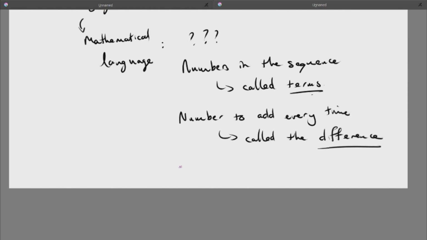So there are three aspects of the sequence. The terms, the actual things that you see in the sequence, the difference, how much I add every time, and then the position that the terms occur in the sequence. So having different names for those things just makes the explanation more effective.